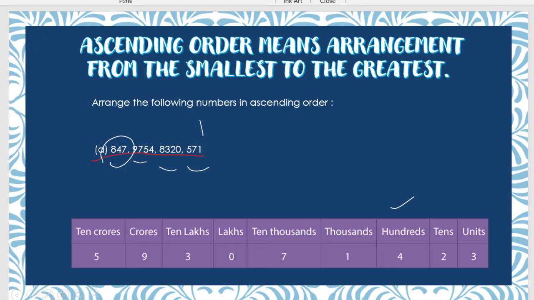Of course, 500 is smaller, 800 is a little bigger. From thousands, 8,000 or 9,000, which is bigger? Yes, 8,000 is bigger and 9,000 is bigger than 8,000. So we will write number 1 will be this number, then number 2, number 3 and number 4.